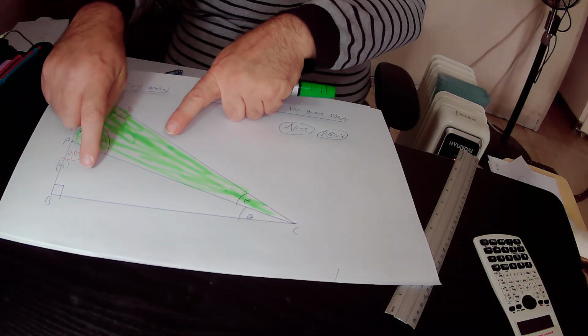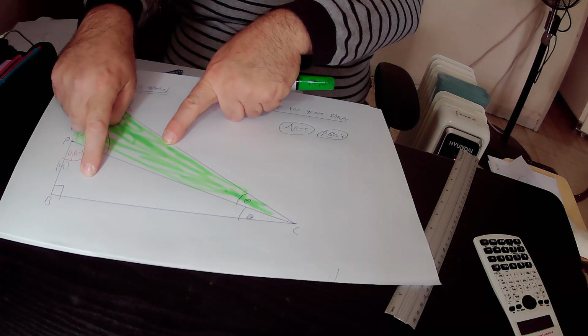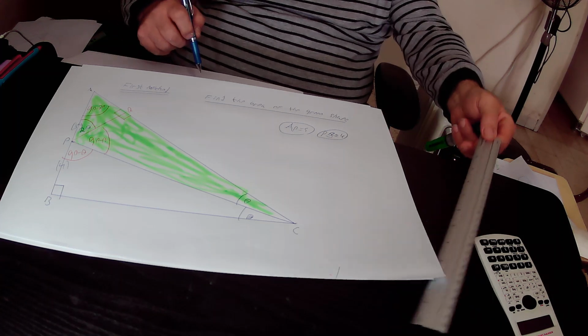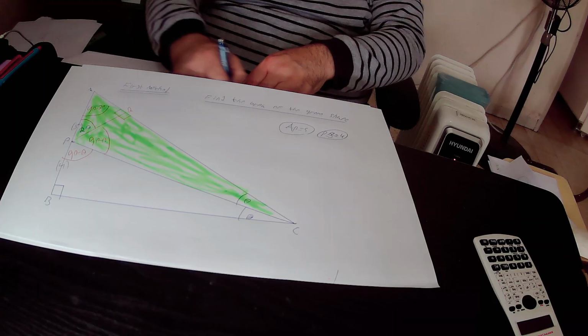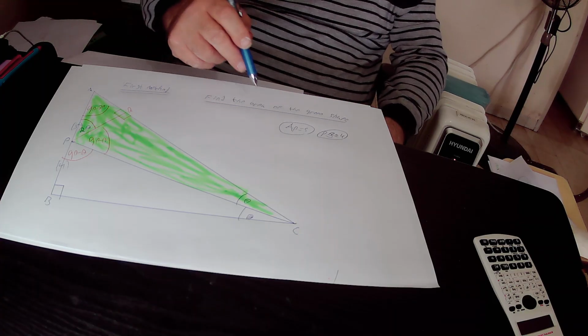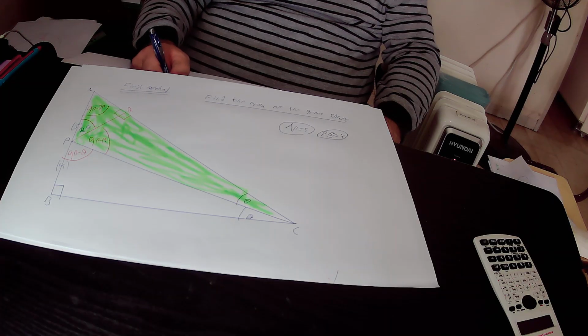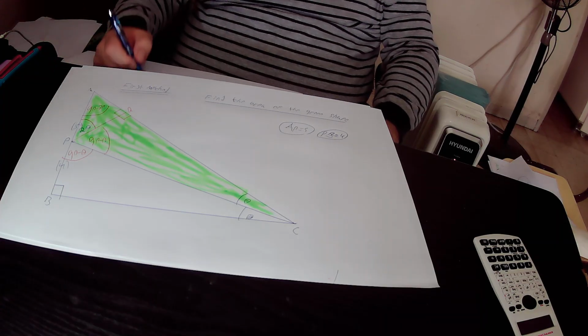Prove that those two right triangles can go into each other according to the angle side angle rule. That is to say, we prove that the green right triangle PQC can go into this lower right triangle PBC.